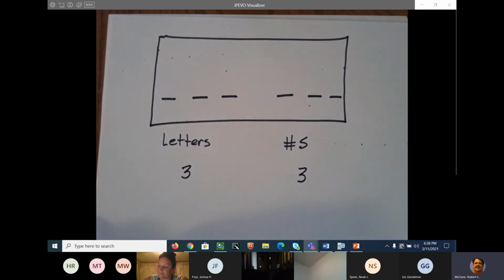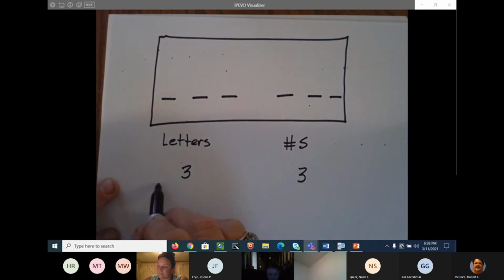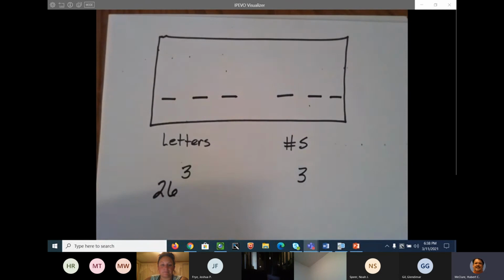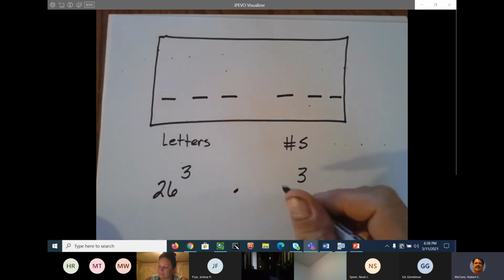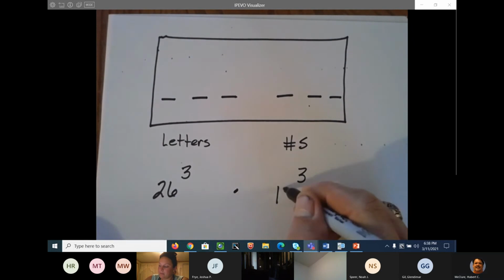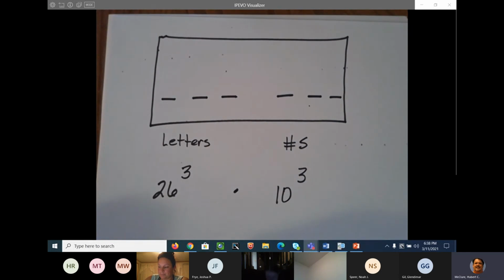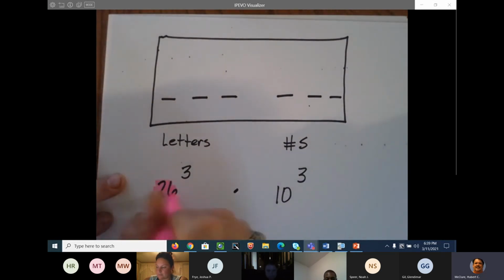But how many letters are there? 26. And how many numbers are there? 10. So that would be, and I'm going to take my handy dandy highlighter again. My base is based on what the directions say.